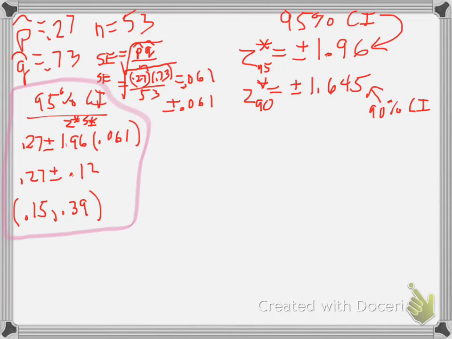Now I'm going to do the 90% confidence interval in green, excuse me. It will be really fast: 0.27 plus or minus 1.645 times 0.061.